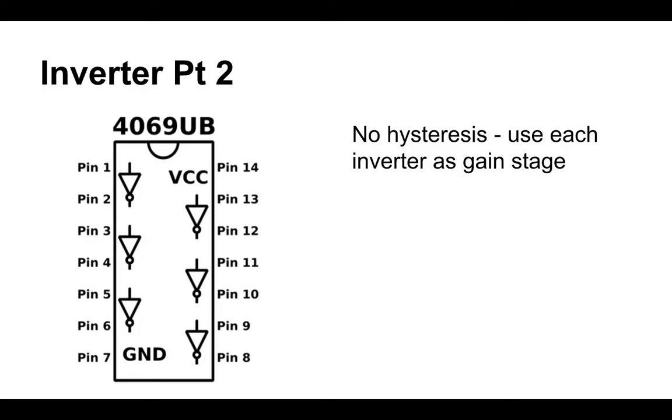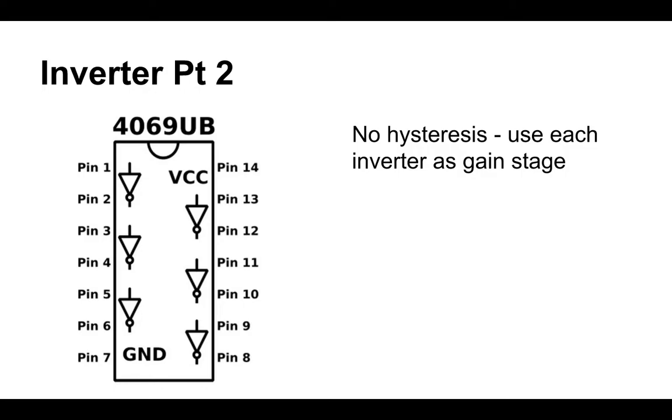But what you can do is keep feeding every output into the next input to create kind of gain stages. And let me see if I can replicate that. You don't hear it so much on square waves as you would on a guitar, but perhaps we can.